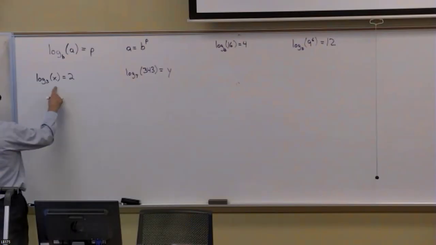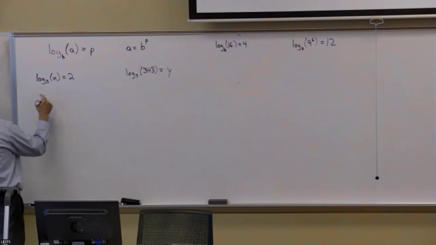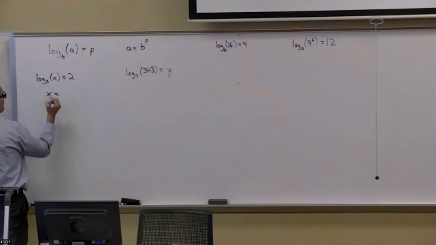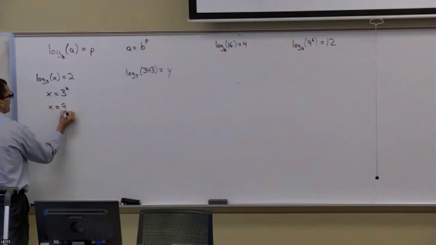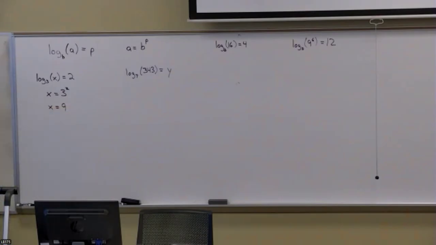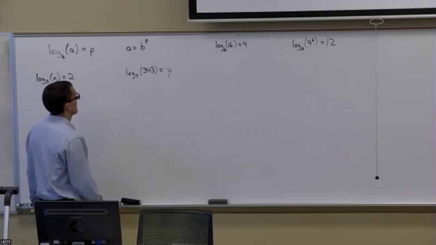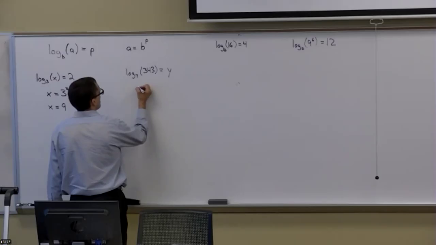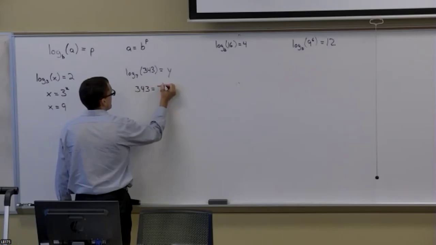So like on this one, this is telling me that x is equal to 3 raised to the second power. So we need 9 there. Log base 3 of 9 is equal to 2 because 9 is 3 squared. This one is telling me 343 is equal to 7 raised to the power of y.